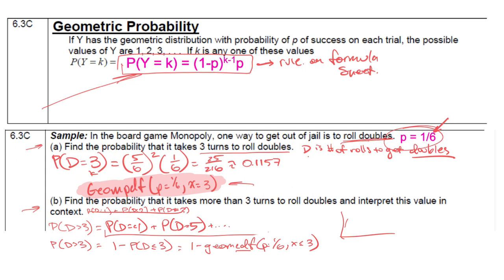Maybe it does this kind of thing. We're just taking this and subtracting it out to find this, okay? This is going to equal about 0.5787. So in context, you would write, there's a 57.87% chance that it takes more than 3 turns to roll doubles in Monopoly to get out of jail.